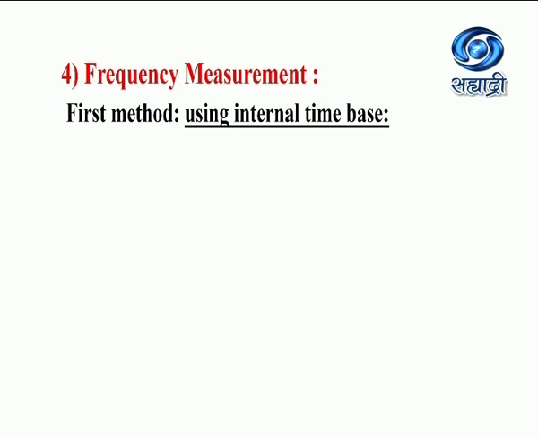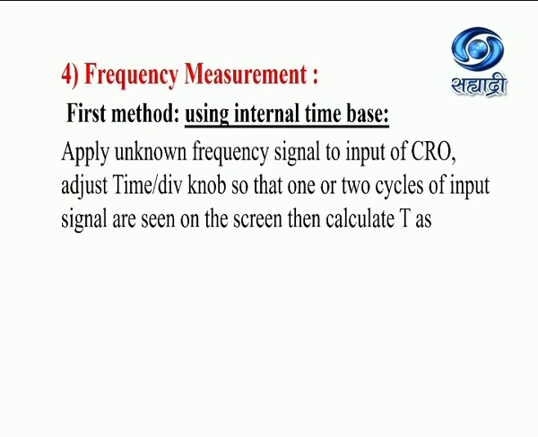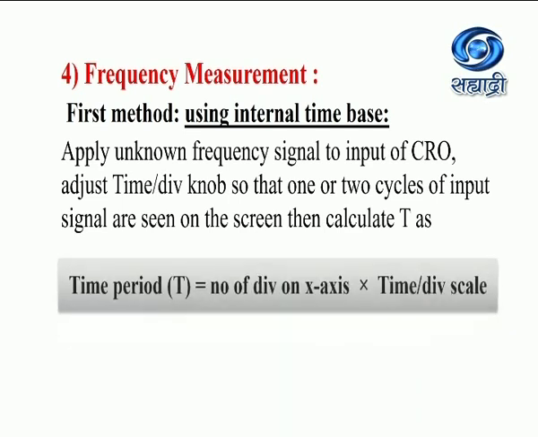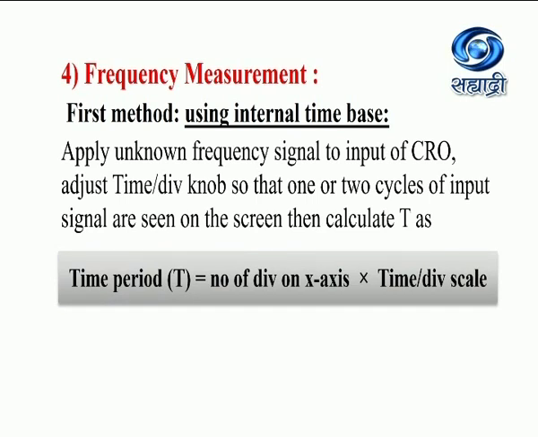The fourth application is frequency measurement. So there are 2 methods which are used by CRO. The first method is the internal time base. By using this internal time base, first of all you have to calculate the time period, and then you have to calculate the frequency. Whenever you apply unknown frequency signal to input of CRO, adjust time per division knob so that 1 or 2 cycles of input signal are seen on the screen.